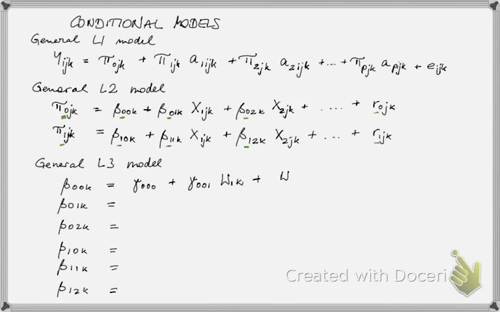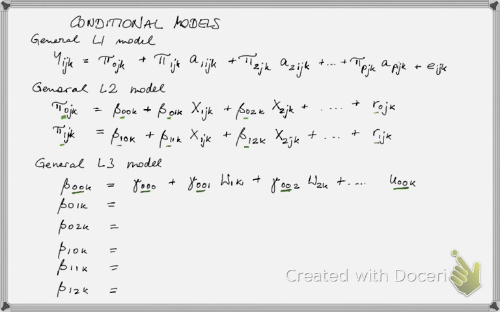Now I have to erase this because we have a gamma 0 0 2 W2k, and so forth, all the way to a U00k. So I'm going to mark the numbers and the indices that stay the same. So it's beta 00, so it's gamma 000, gamma 001, gamma 002, and so forth.